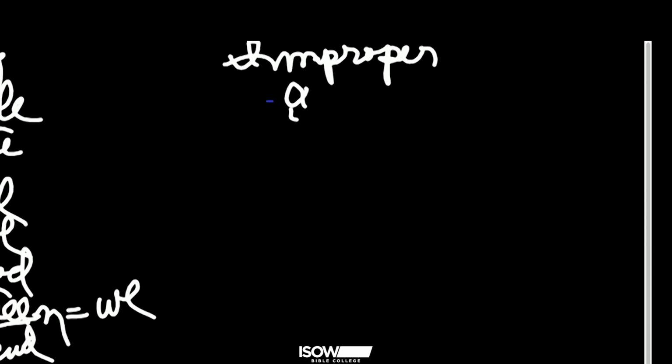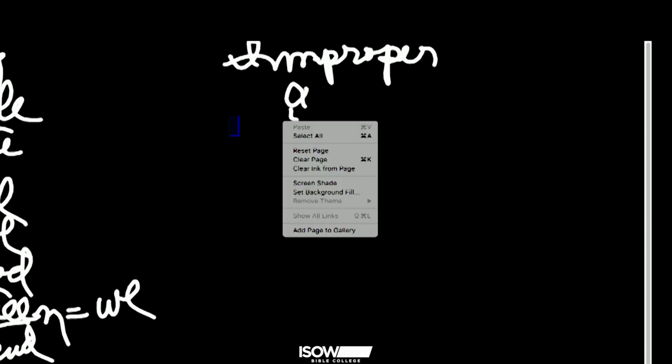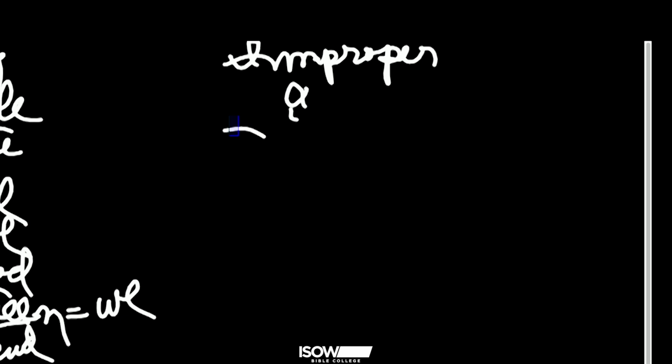Now note that is the alpha with an iota subscript. And then the eta with the iota subscript. And then the omega with the iota subscript. Now, the subscript does not change the pronunciation.